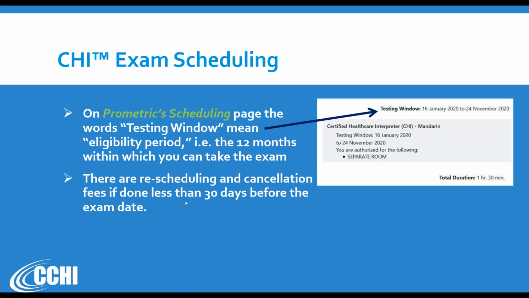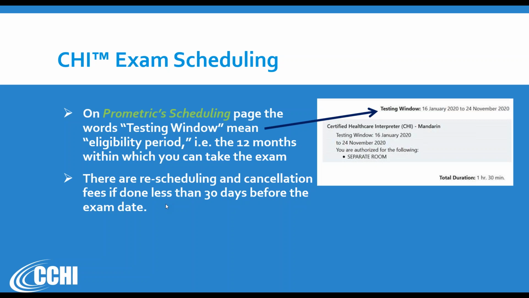Because of the wider network that Prometric provides us, and because of the abundance of clients that they serve, they have special requirements for rescheduling, and I advise you to plan carefully. So read those. They're both available on our website. And before you even get to this place, you will see their information that there is no fee if you reschedule 30 days or more in advance.